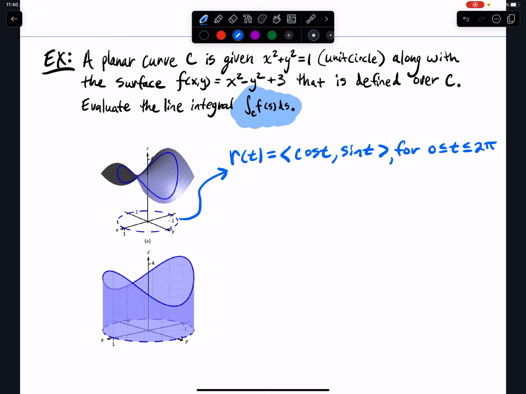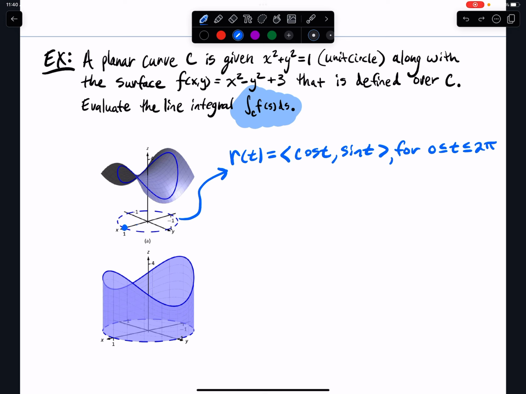We don't want to keep going past 2 pi, because once we start, going up pi over 2, around, well, I could follow the curve: 0 to pi over 2 to pi to 3 pi over 2, and then back to 2 pi. If I kept going past 2 pi, I would just keep wrapping around further and further. I only want to go around it once.